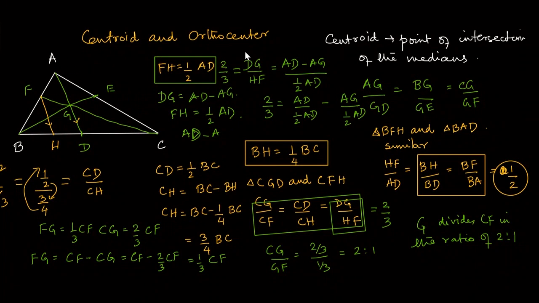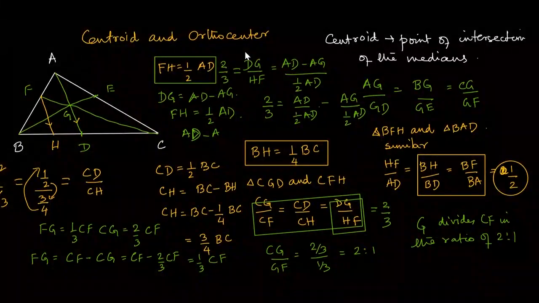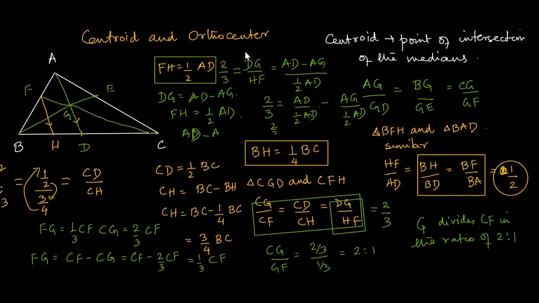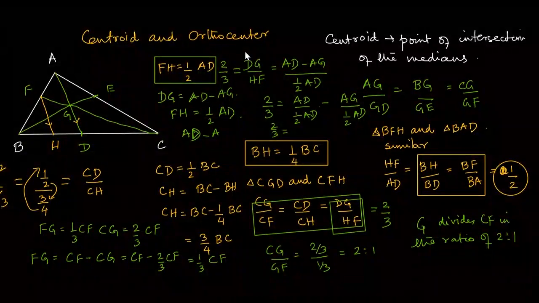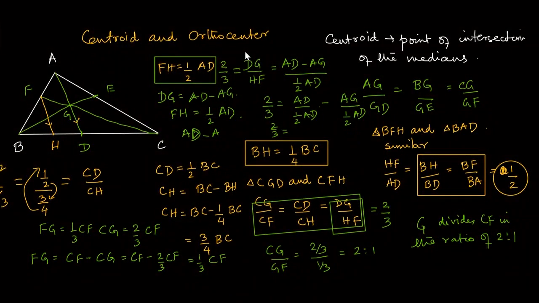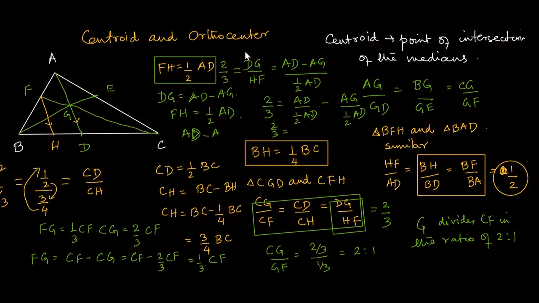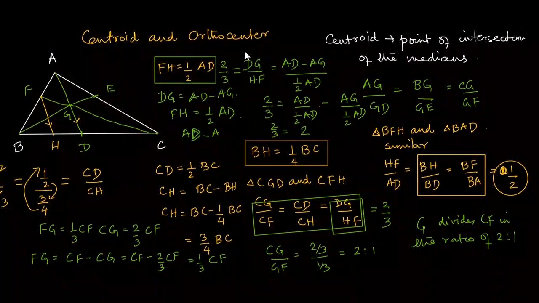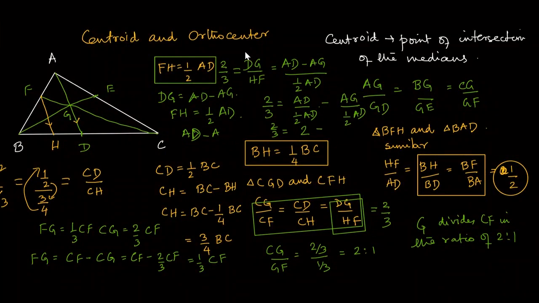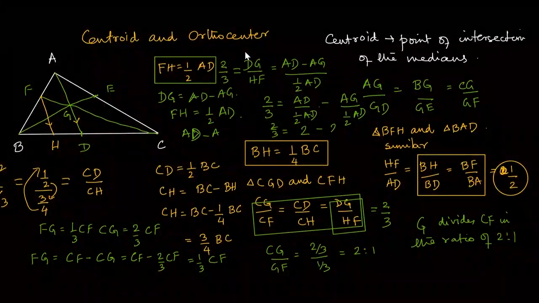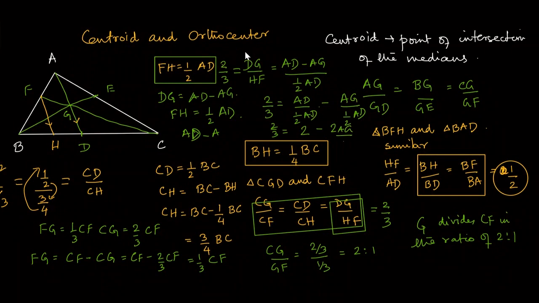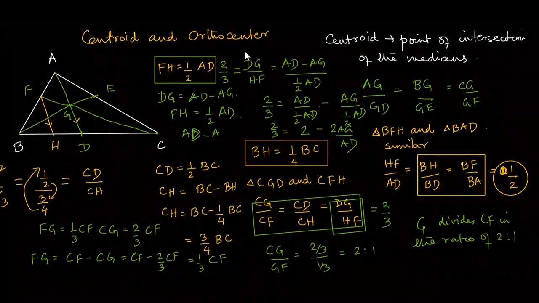So this becomes 2 by 3 is equal to, what is AD by half AD? 2 AD over AD, so 2, right? And this becomes 2 AG by AD, right?